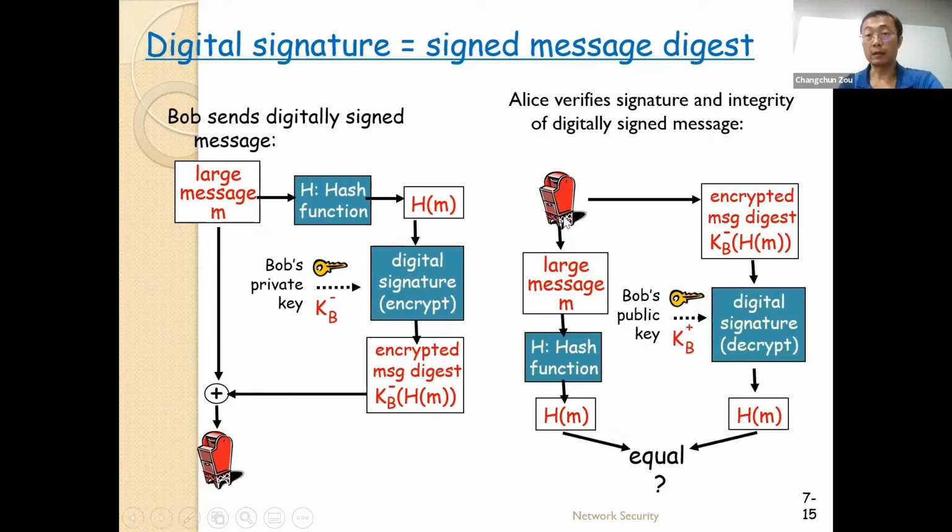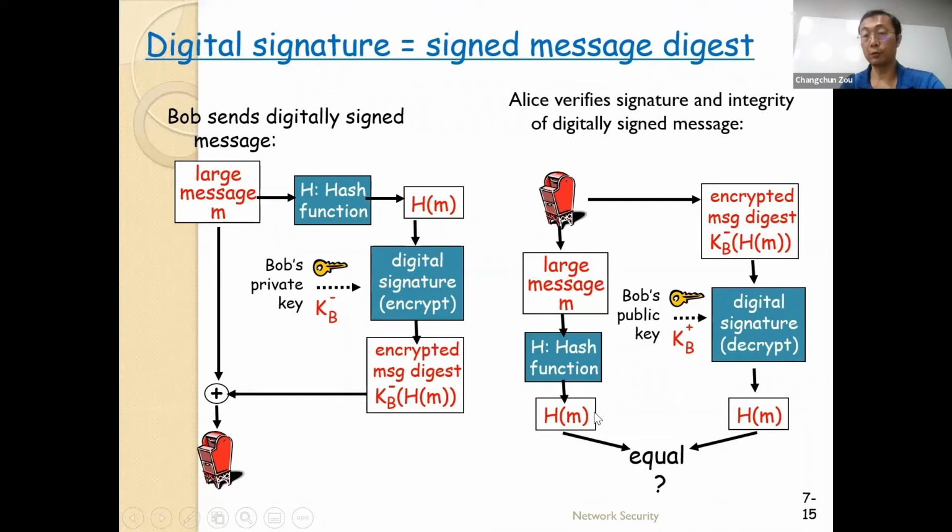At the receiver end, the receiver first uses the same hash function to generate the message digest for the message he received. Remember, this message is unencrypted. Then the receiver uses the sender's public key to decrypt the digital signature to recover the signed message digest.